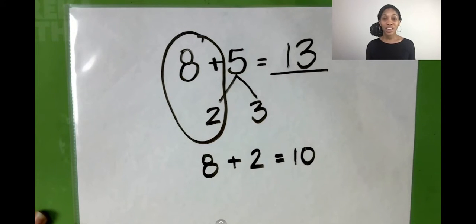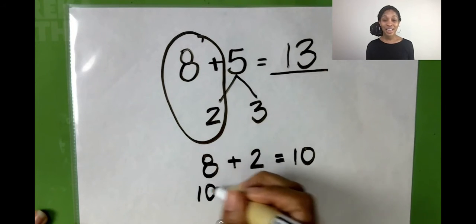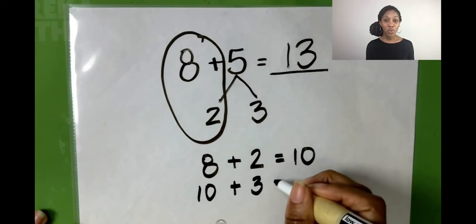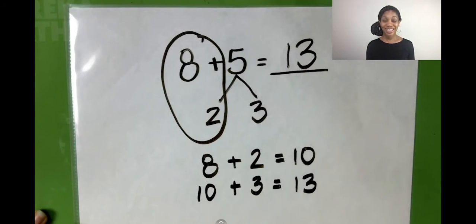How many extra ones do we still need to add? Yes, 3 extra ones. What number sentence can we use to add that together? You got it. 10 plus 3 equals 13. Great, mathematicians. This helps me understand how we added 8 and 5 together to make 1 10 and 3 ones.